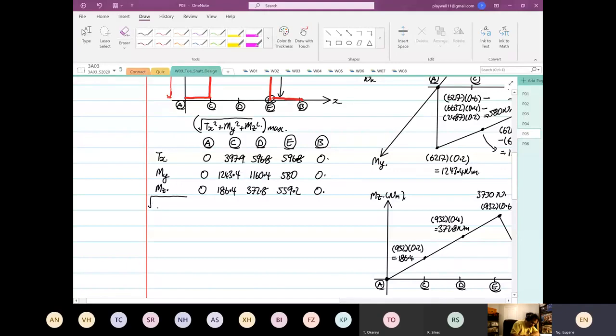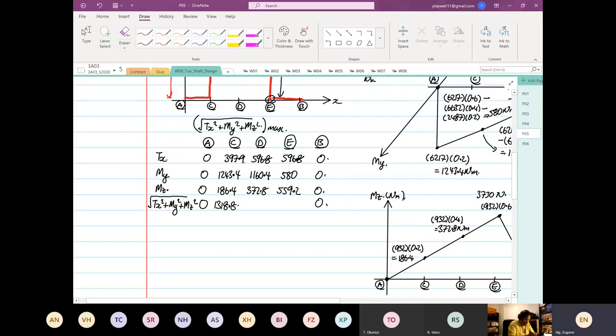The next step is we're going to compile everything, or add everything up, and find the maximum of the square root of Tx squared plus My squared plus Mz squared. So we know that this is 0, this is 0. So it's 397.9 squared plus 1243.4 squared plus 186.4 squared, then you square root. So you get 1318.8.